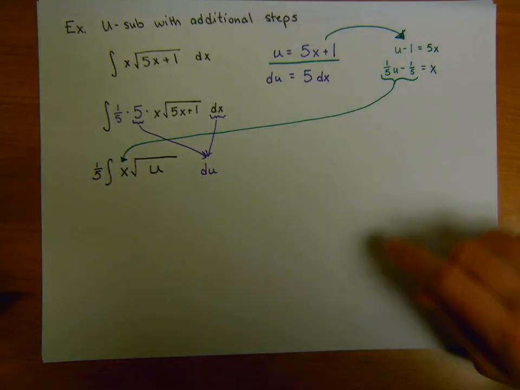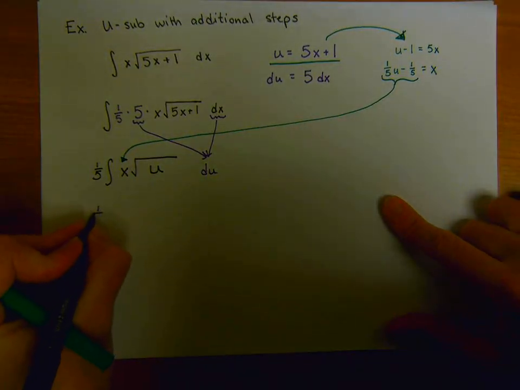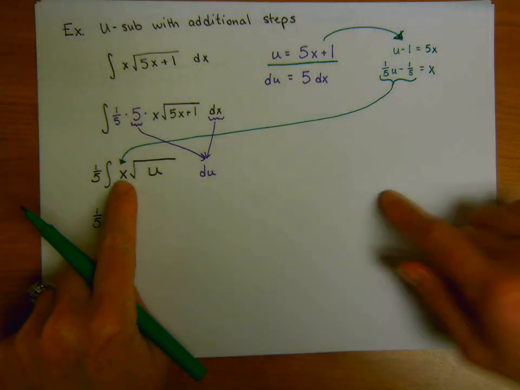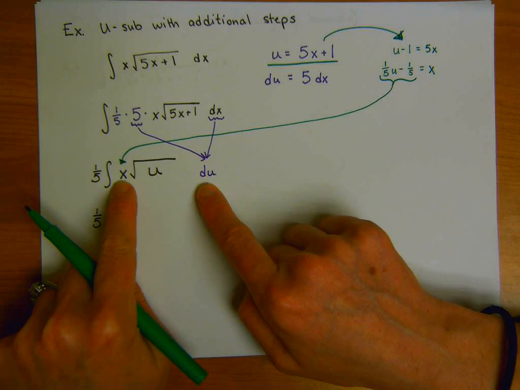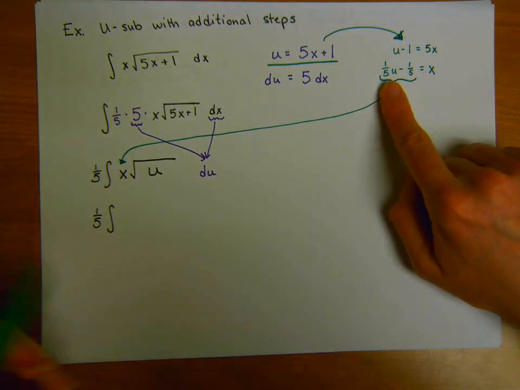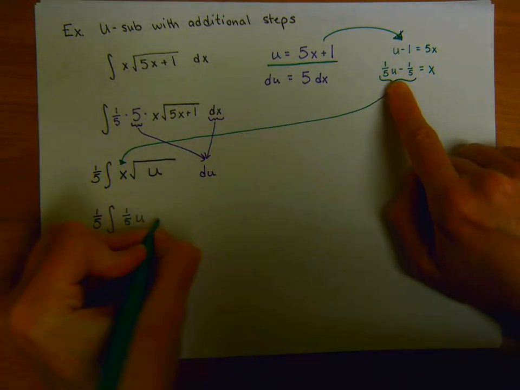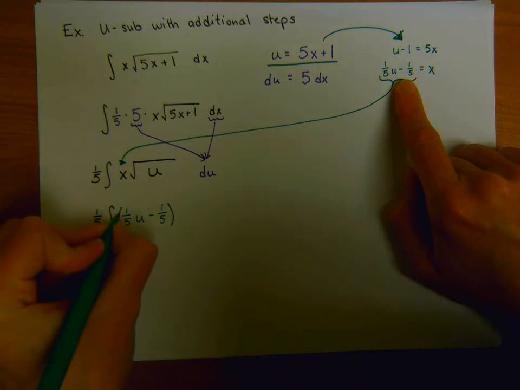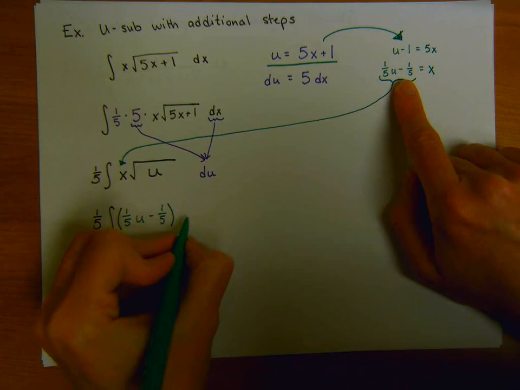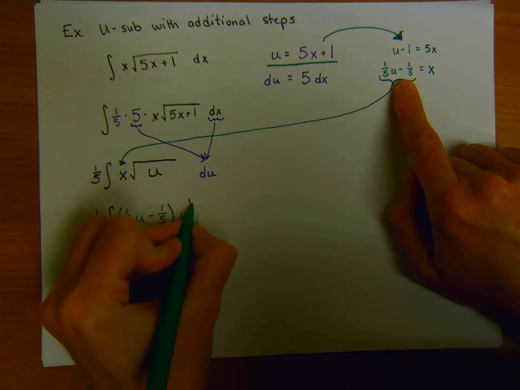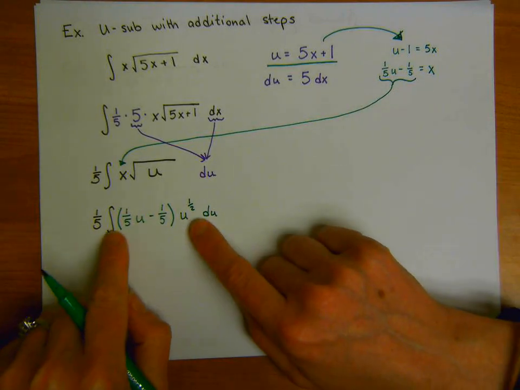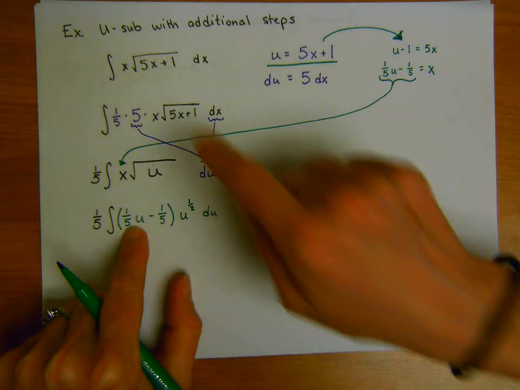And so I rewrite my integral in this case to be 1/5 times the integral. Instead of having an x here, I want to be able to integrate all with respect to u. This x becomes 1/5 u minus 1/5, and the square root of u I'm going to rewrite as u to the 1/2 du.